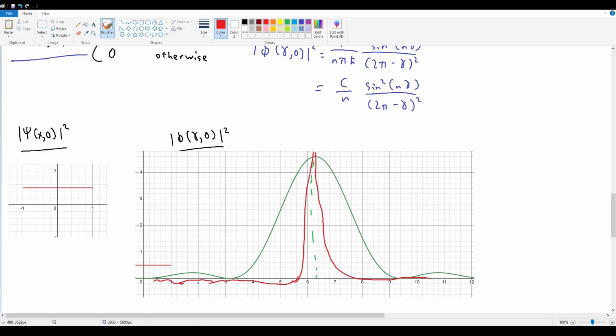I'm just bad at drawing this, but the graph gets very narrow, very heavily peaked around the middle point that we marked out in the green dashes, and everything else starts tending towards 0. So all these fluctuations on this side get smaller and smaller.